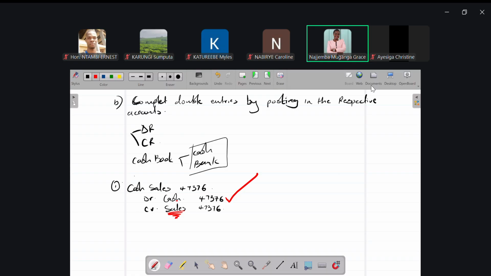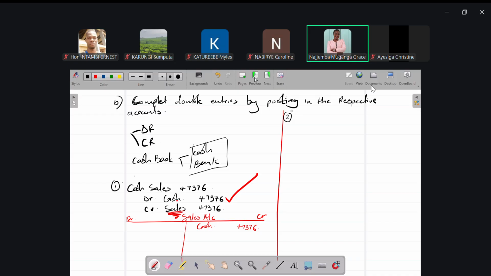So part B requires that, to complete the double entry by posting in the respective accounts this other one. You simply come and say, oh, the sales will look like this. This is the sales account, credit and debit. We are going to credit. We received cash 47,376.